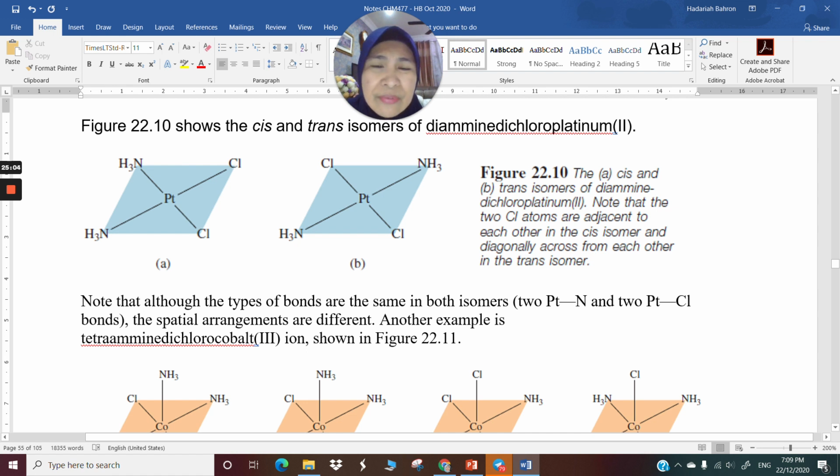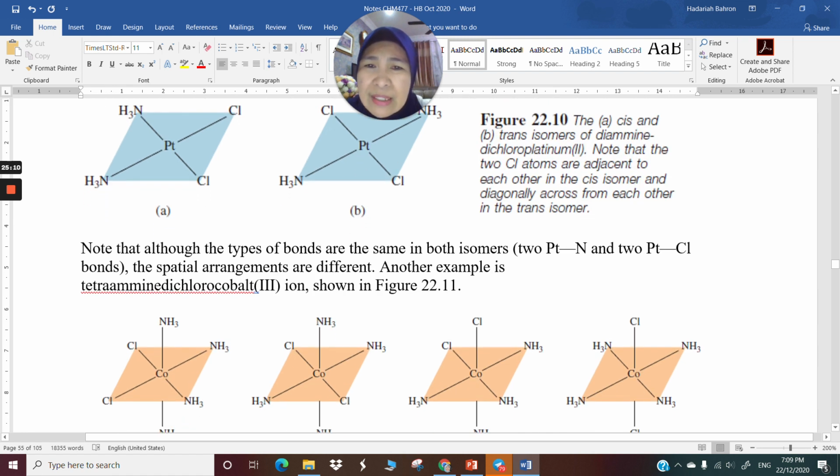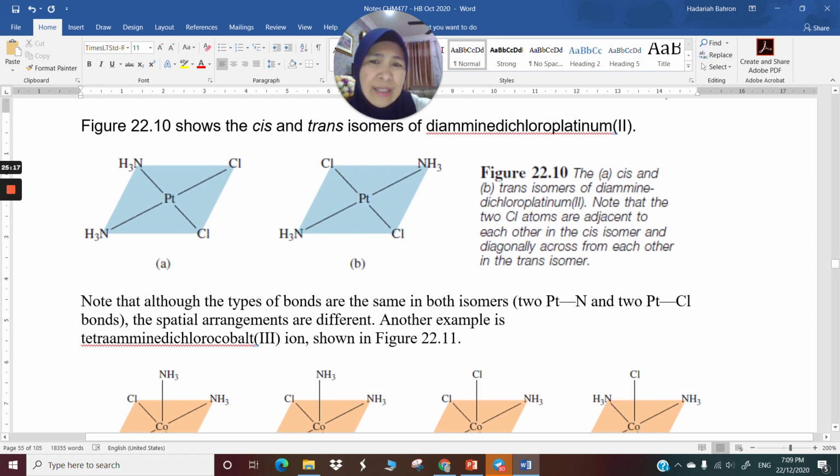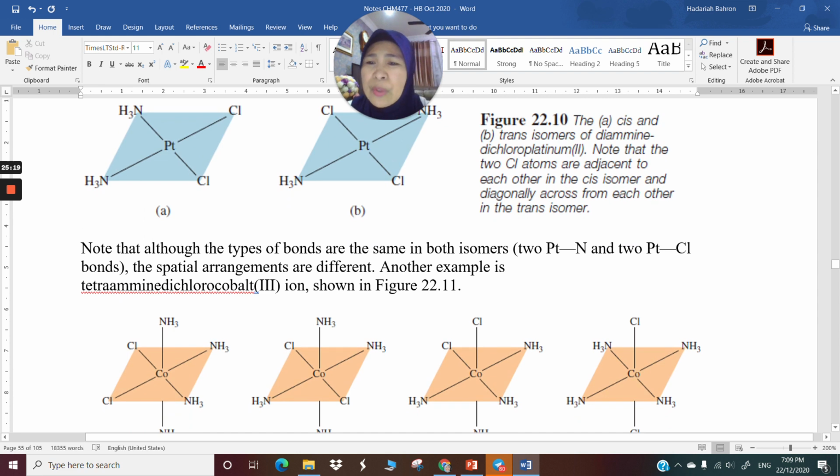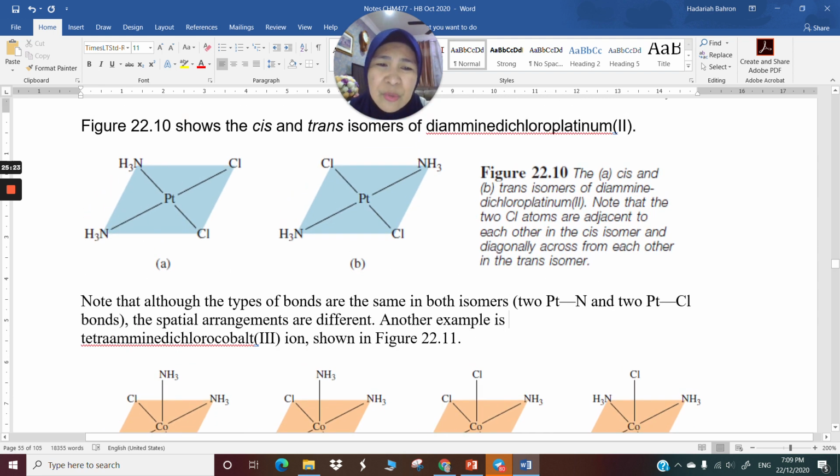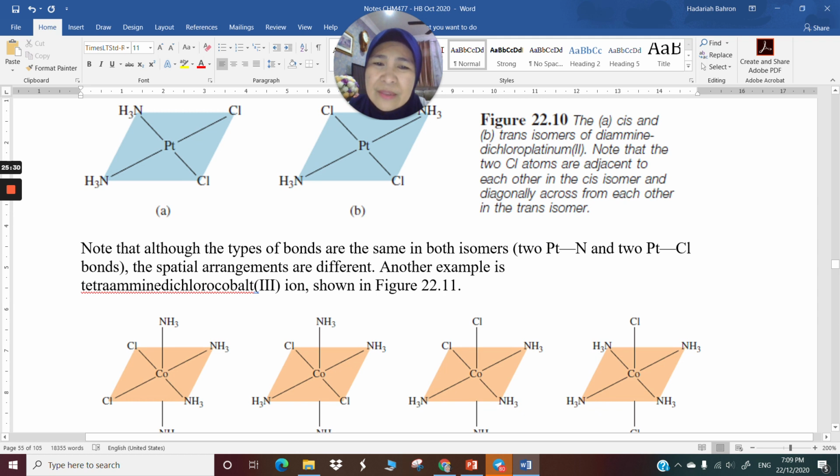This has no effect, none whatsoever, on cancer cells. So cisplatin is a good anti-cancer agent. Transplatin has no anti-cancer properties. Note that although the types of bonds are the same in both isomers, there are two Pt-N and two Pt-Cl, the spatial arrangements are different.